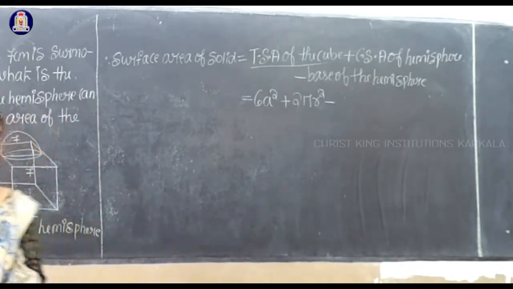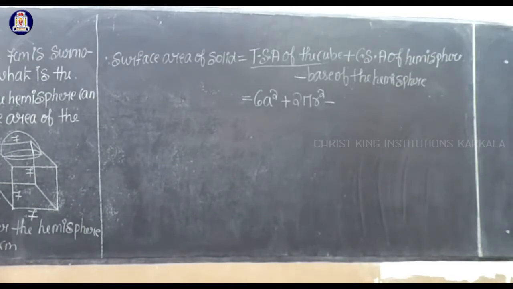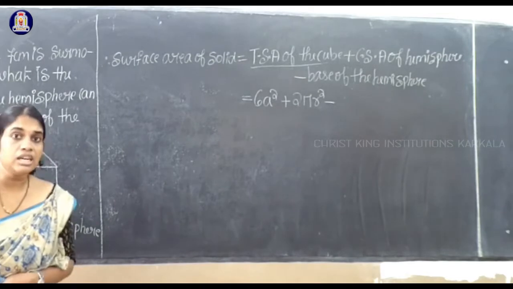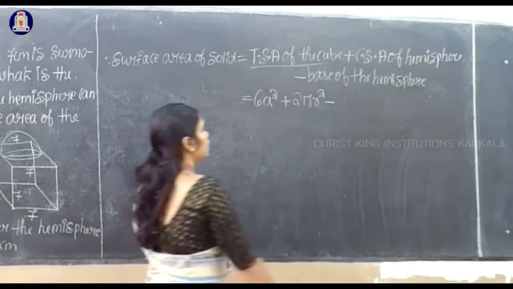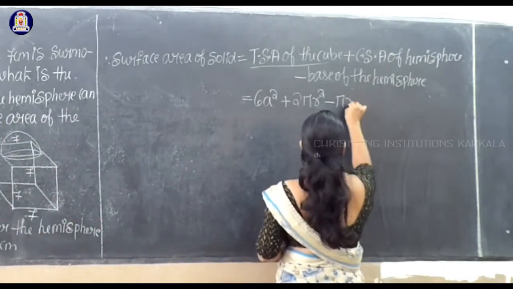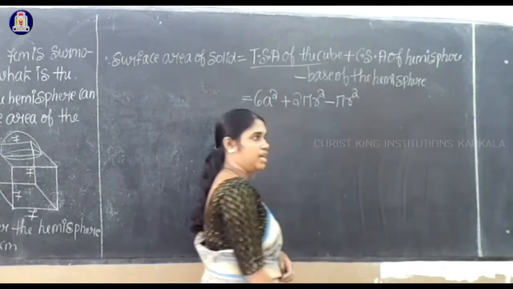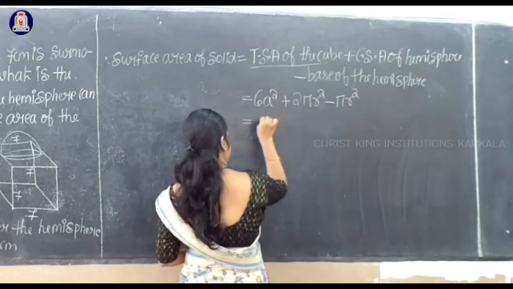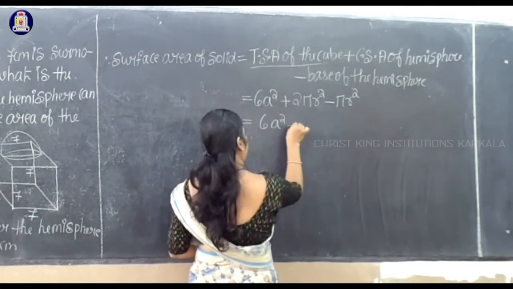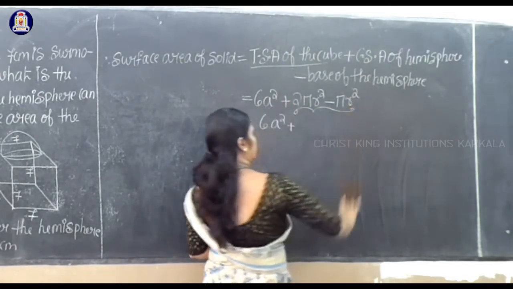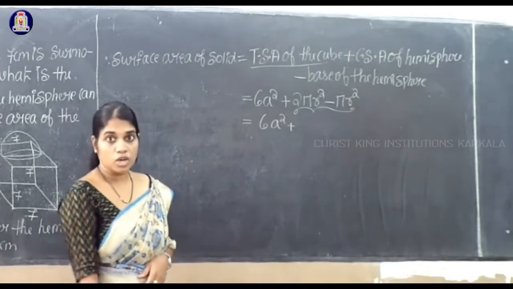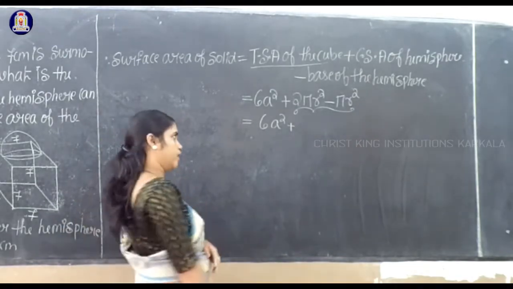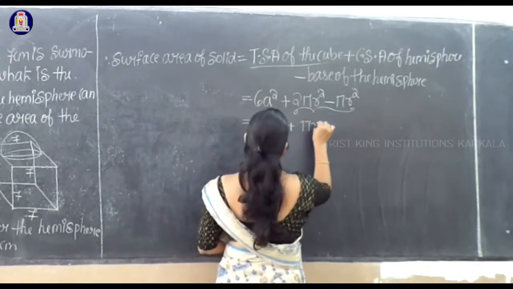It is a circle, isn't it? The area of the circle is pi r square. So this is equal to 6a square plus 2 pi r square minus pi r square, which equals 6a square plus pi r square.